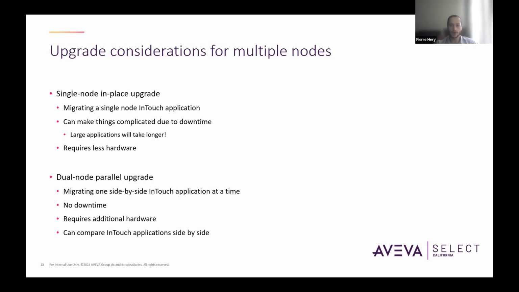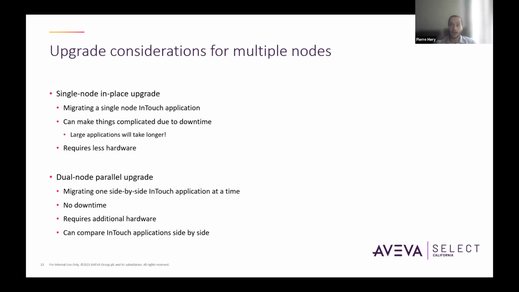So it will require you to schedule strategically during certain production breaks because it'll take down your operation. This can be really difficult to do if you have an operation that's running 24/7, 365 days a year. You'll be at the mercy of the upgrade time, which will depend on the size of your application.